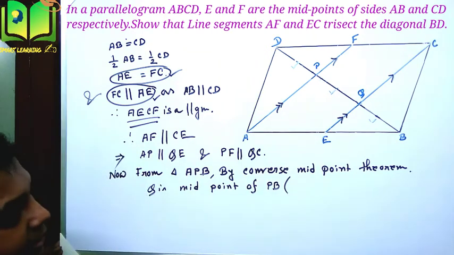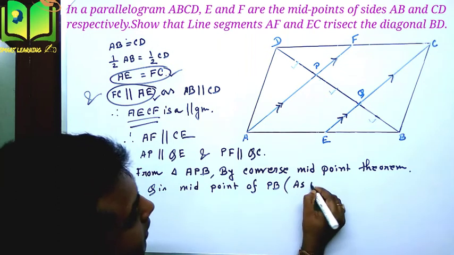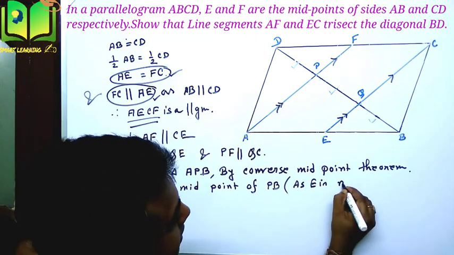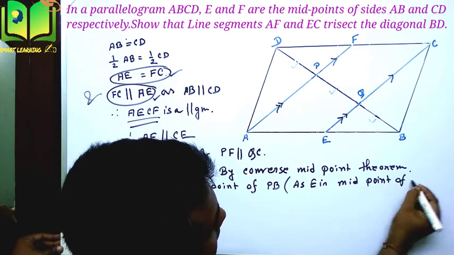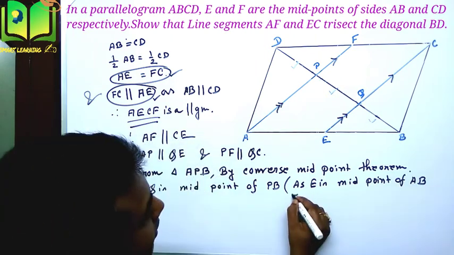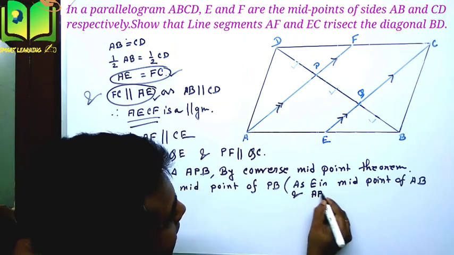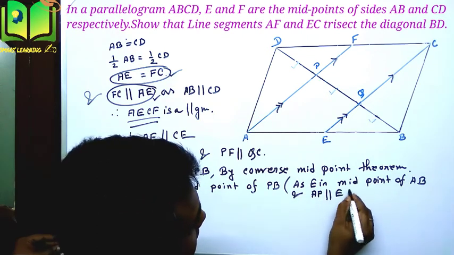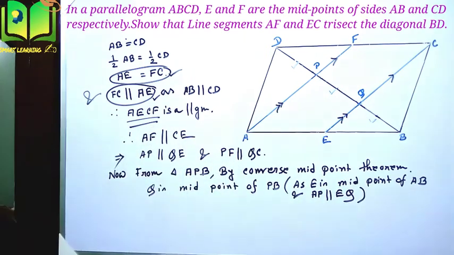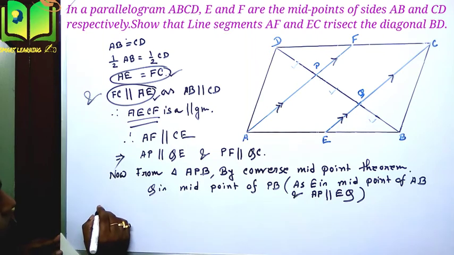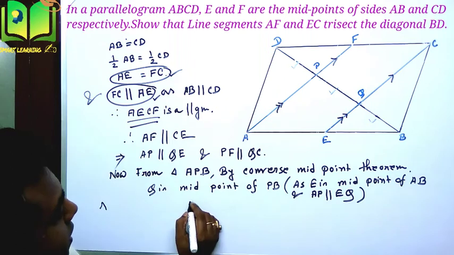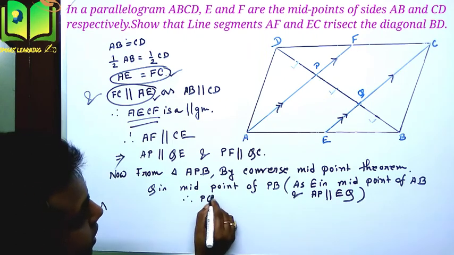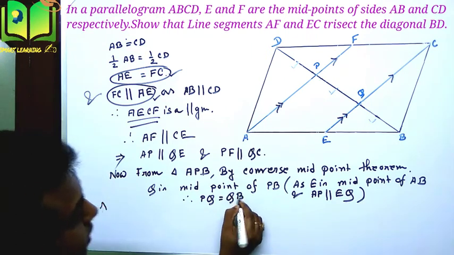Within brackets you can write: E is the midpoint of AB and AP is parallel to EQ. Done. Now in the same way, Q is the midpoint of PB. So what can we write now? Therefore PQ equals QB.